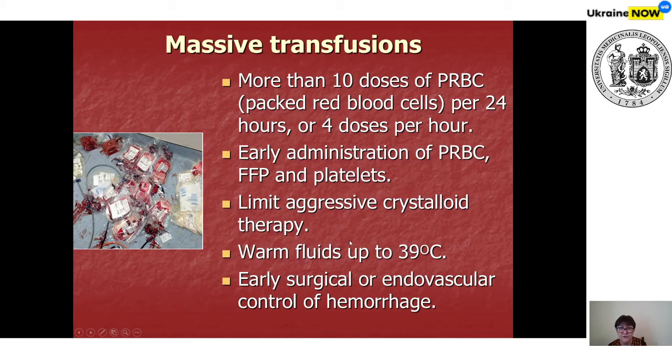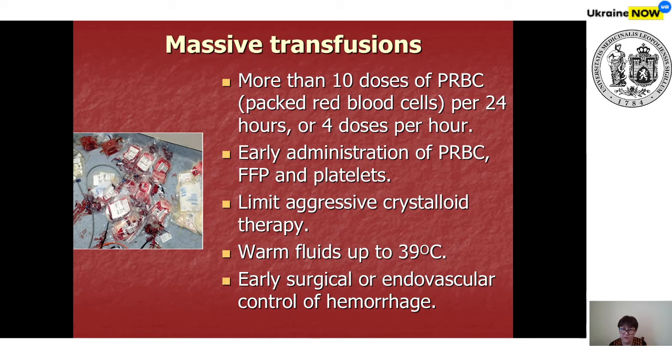Massive transfusions. When more than 10 doses of packed red blood cells per 24 hours are used, or 4 doses per hour. Early administration of packed red blood cells, fresh frozen plasma, and platelets. And you should limit aggressive crystalloid therapy and warm fluids up to 39 centigrade.